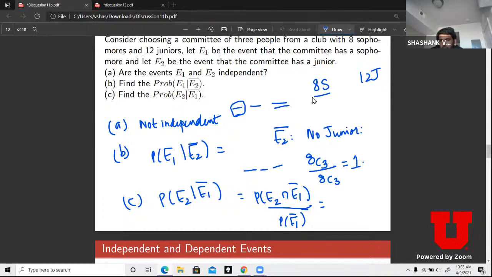So that would be 12C3, and our sample space, which is that it doesn't have a sophomore, is also that the 3-person committee is all juniors. That would be 12C3 again, which would be 1. Does this sound all right?